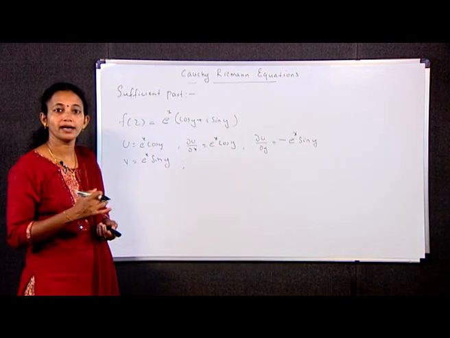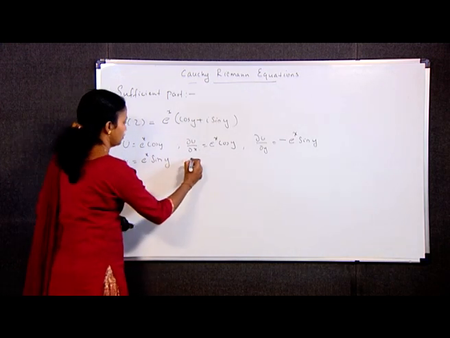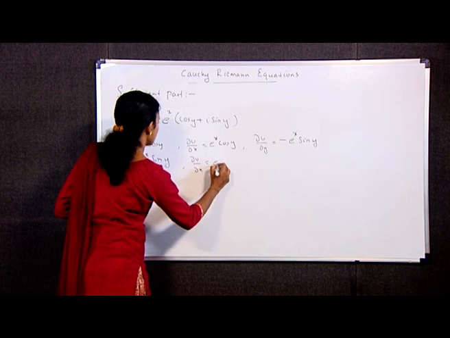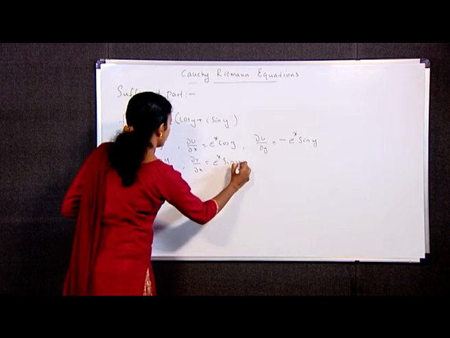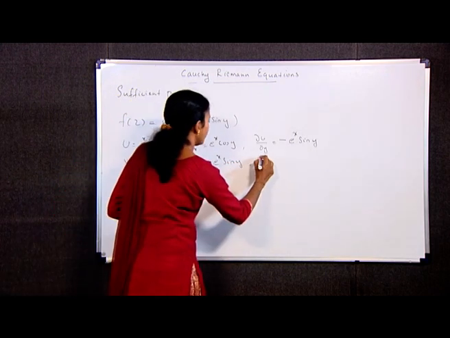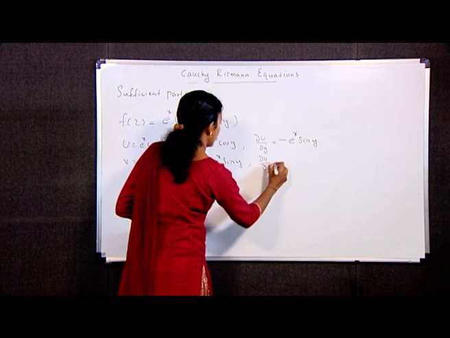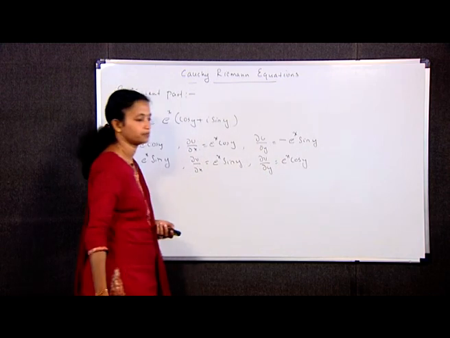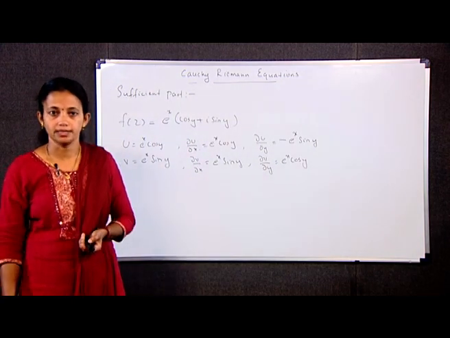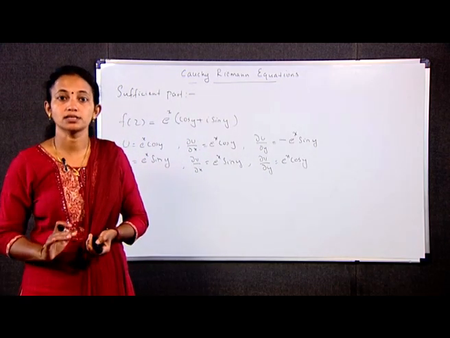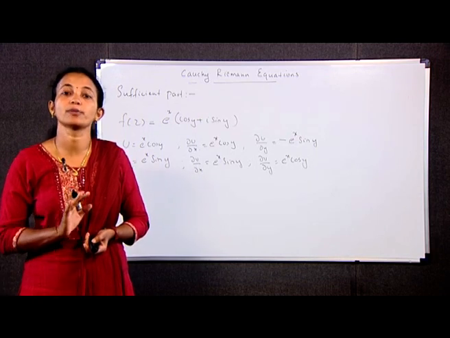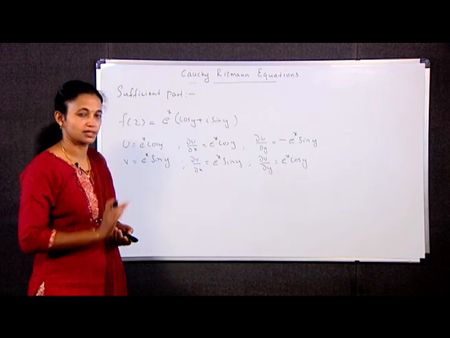Now, dou v by dou x is equal to e raised to x sin y, and dou v by dou y is equal to e raised to x into cos y. Hence, here dou u by dou x is equal to dou v by dou y, and dou u by dou y is equal to minus dou v by dou x.